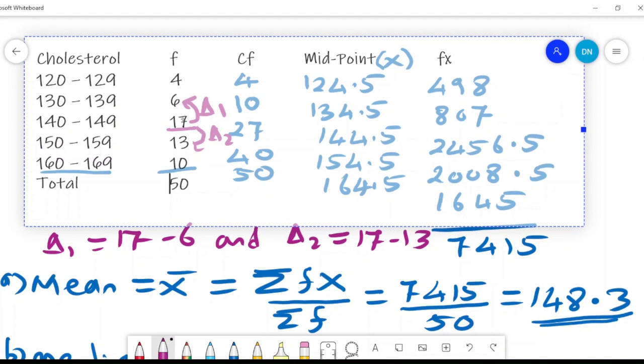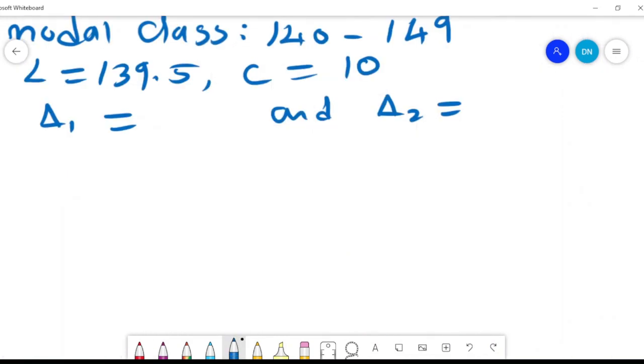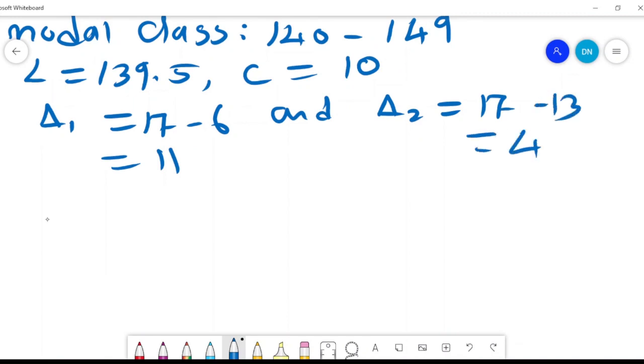So delta 1 is 17 minus 6, which is 11. And delta 2 is 17 minus 13, which is 4. Therefore those are the two values that we were missing.